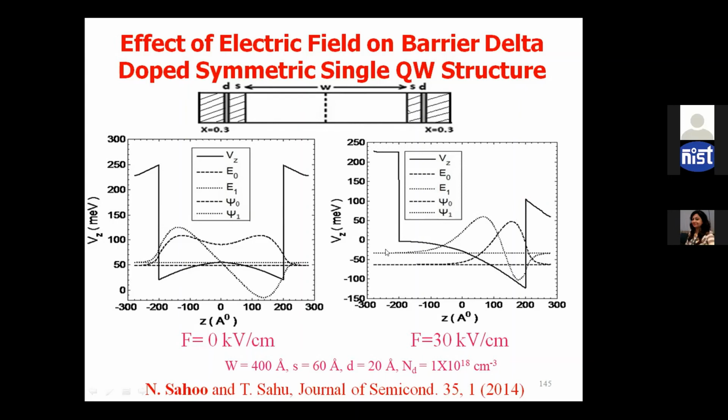The distance between the electron and the positive ions, because we dope in the barrier, matters. The wave function gives you an idea about the distribution of the electron. That means now the electron is distributed in this region.